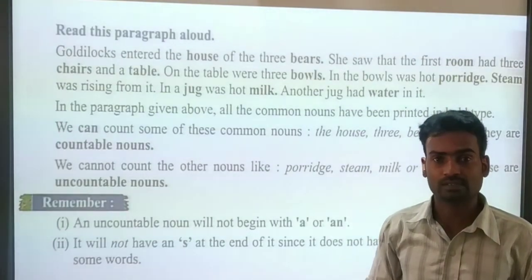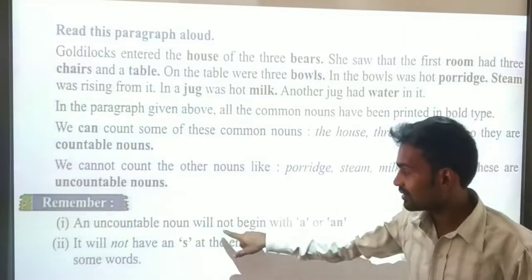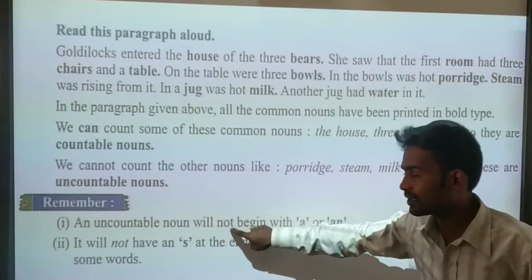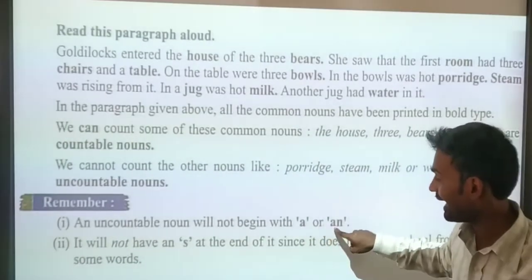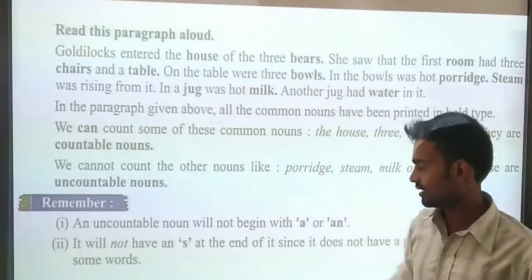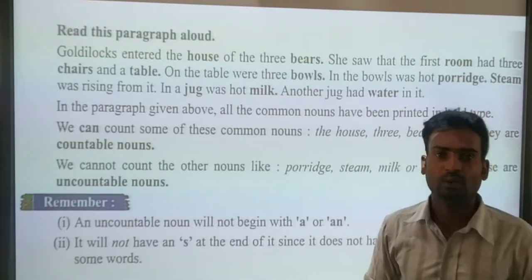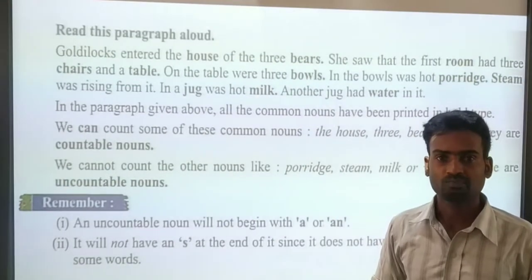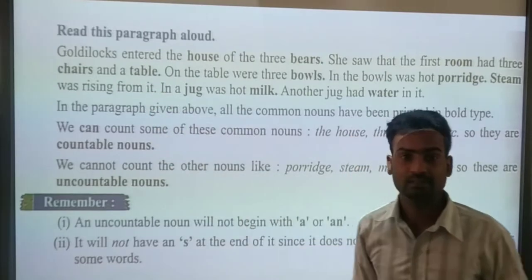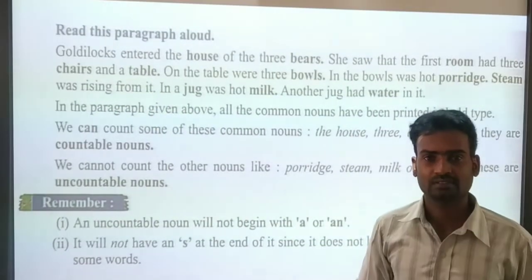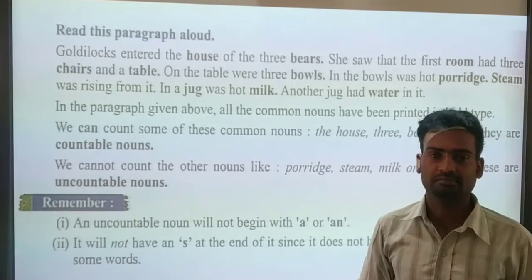This cannot be counted. So the noun will not begin with a or an. So why sir, do we say a and an? What is the meaning of it, sir? As I said, on a table, a means one. The same way, an means one.